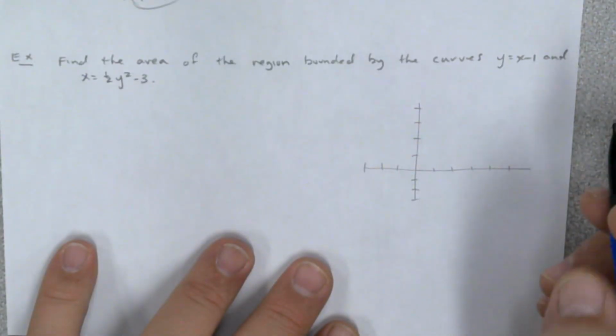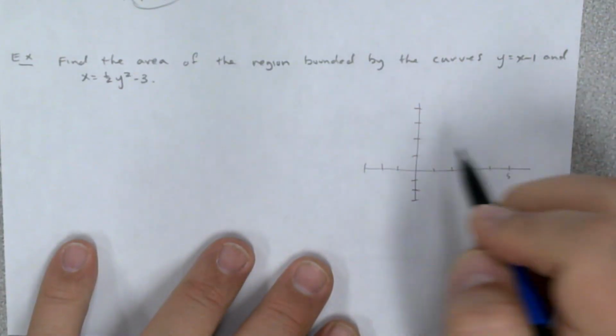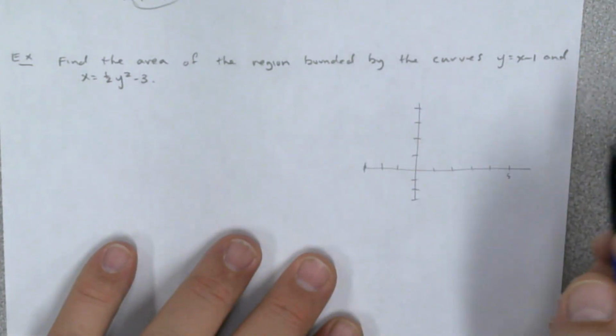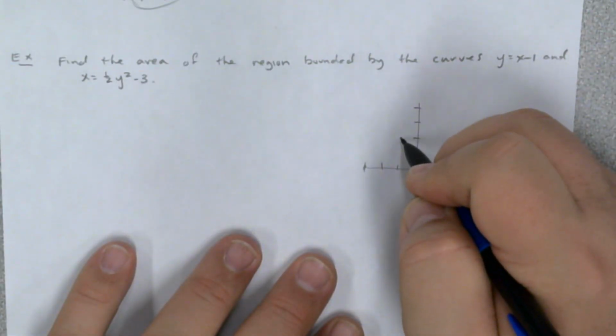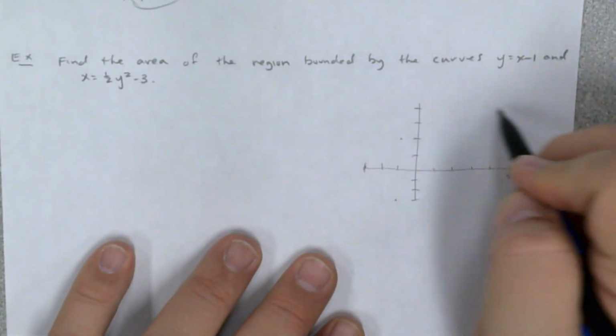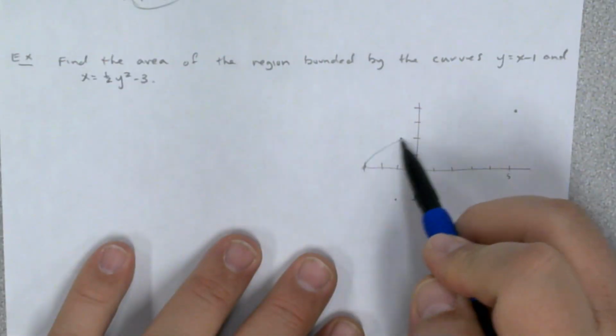So the numbers that I need here real quickly is, this is going to be a 5, and for the sake of the time on the video, the quadratic that's sitting over here is going to go through that point right there, this one right here, this one down here, and it's going to go that point right there. So this is my parabola on its side.